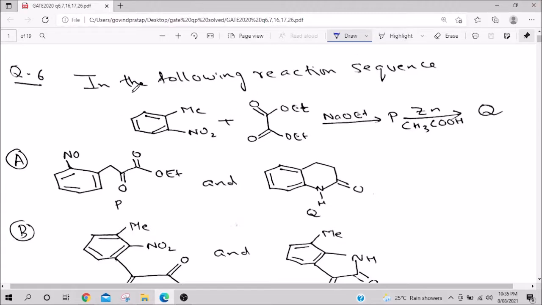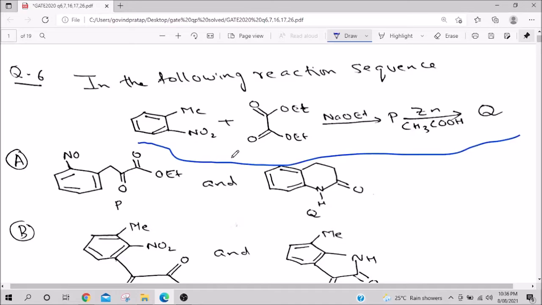So the first question is, in the following reaction sequence, what is the product P and what is the product Q? This is the reaction.